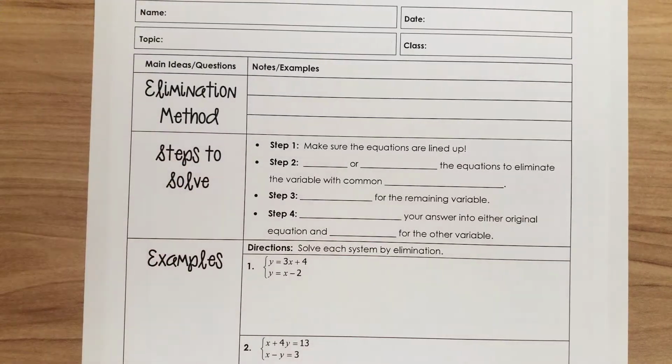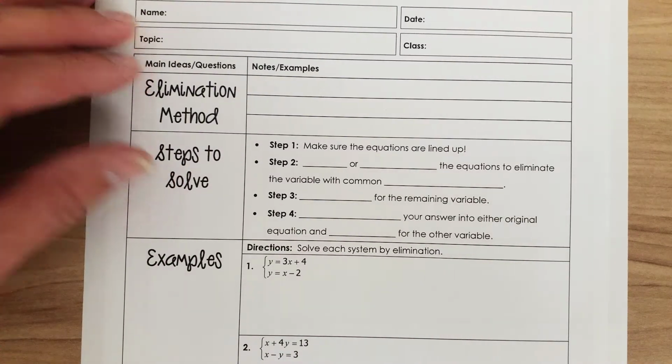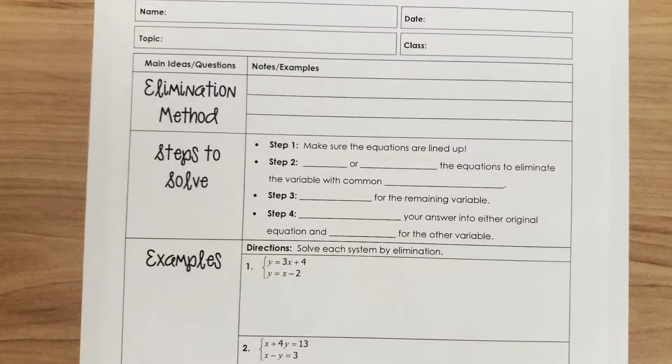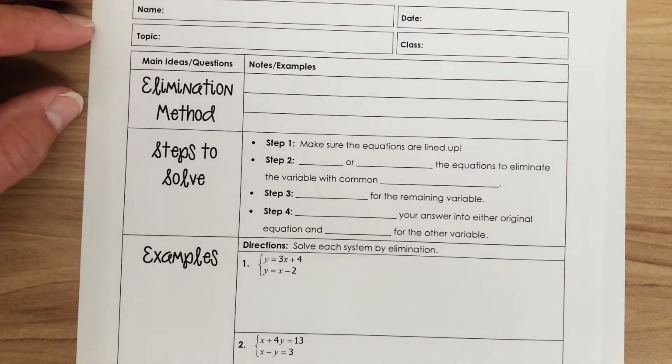Okay, so the third method that we are going to learn in order to solve a system of equations. Remember, a system simply means that there's two equations and you're looking for the solution that fits for both of them.